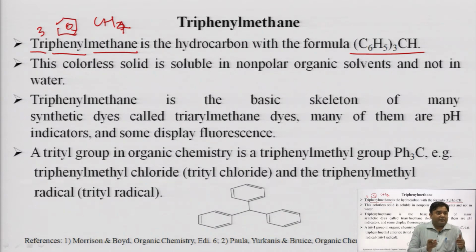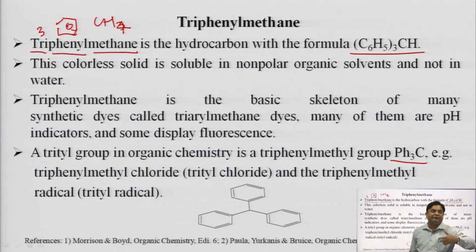A trityl group in organic chemistry is a triphenylmethyl group. Like in the case of alkane, when we remove one hydrogen from the alkane, it becomes alkyl.